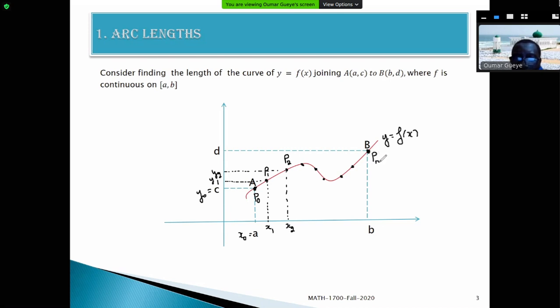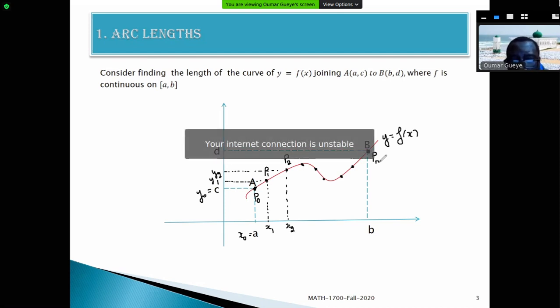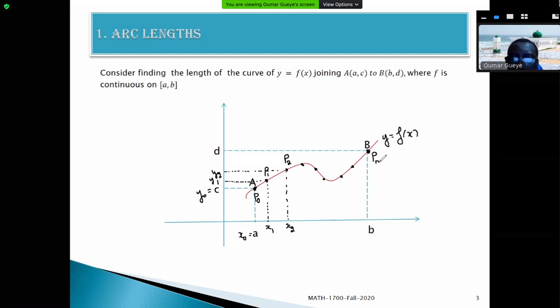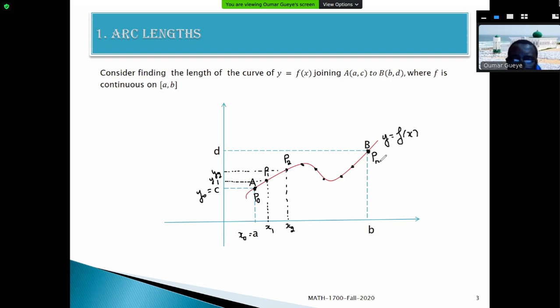So in fact, in this case, I subdivide the portion of the curve joining A and B into n portions. That's why I have n plus 1 points: from P0 to Pn, I get n plus 1 points. I'm going to call xn the x coordinate of the last point, and yn its y coordinate.